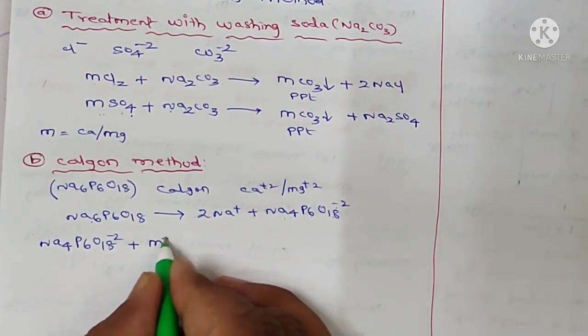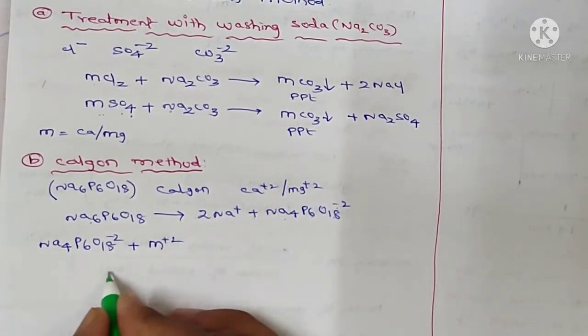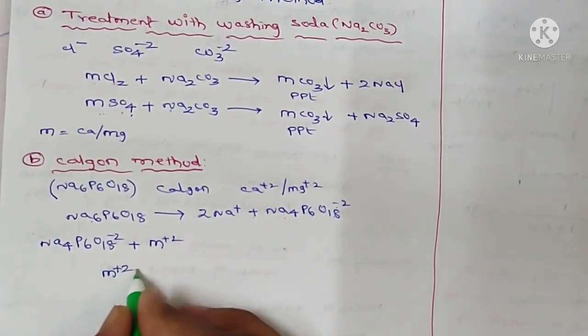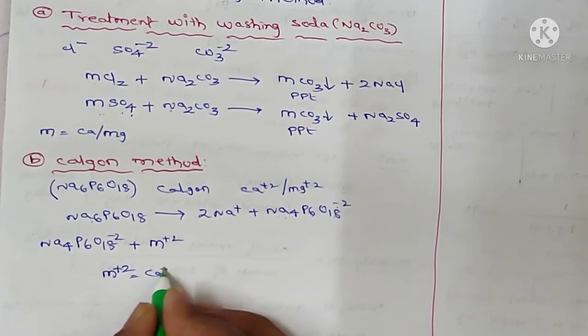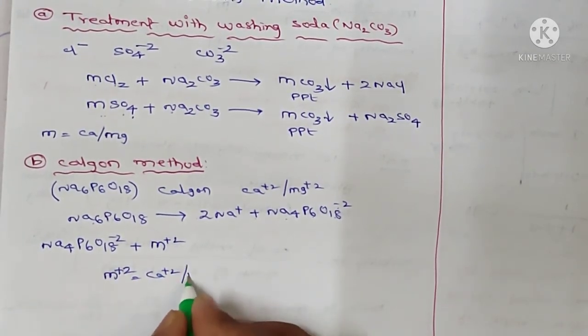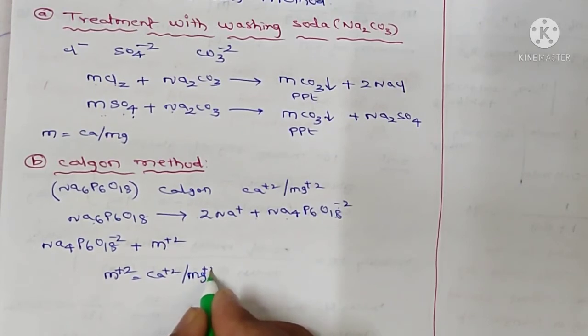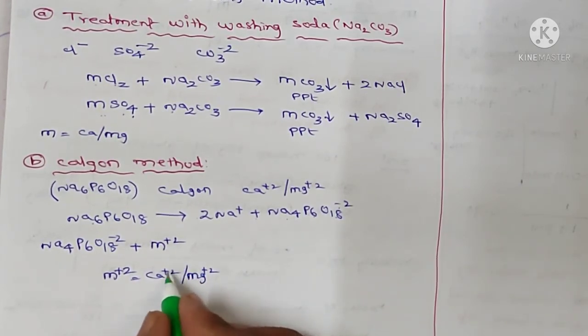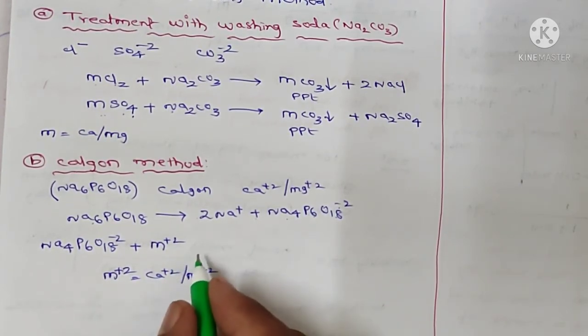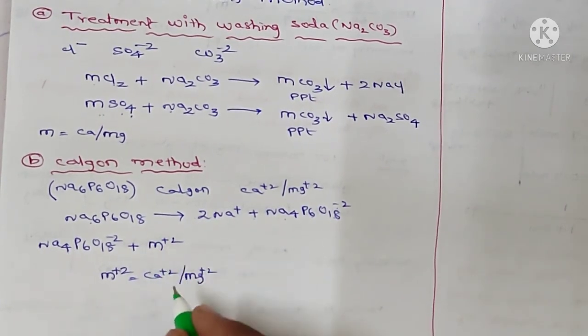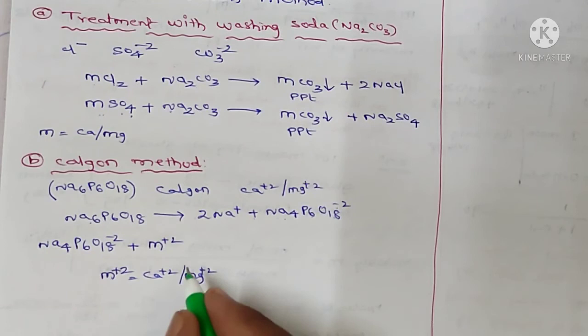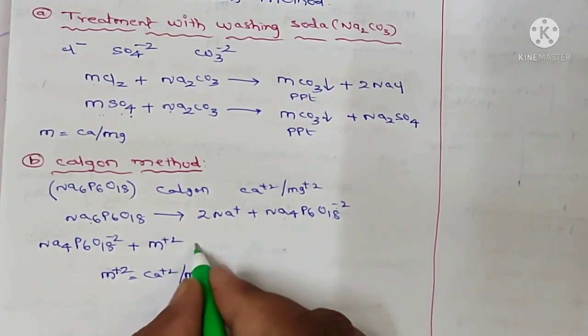Let me take M plus 2. M plus 2 means it may be calcium plus 2 or magnesium plus 2. So due to the presence of these ions, the water is called hard water.